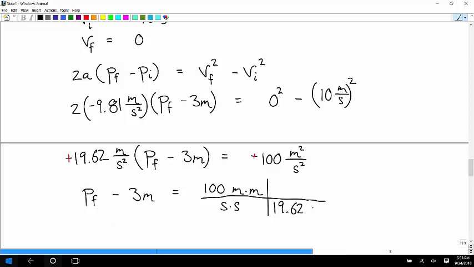We have meters now in the denominator and seconds times seconds in the numerator because we divided by this. And if you divide that out, you get, I guess I didn't do it this way before, you must get 5.08.